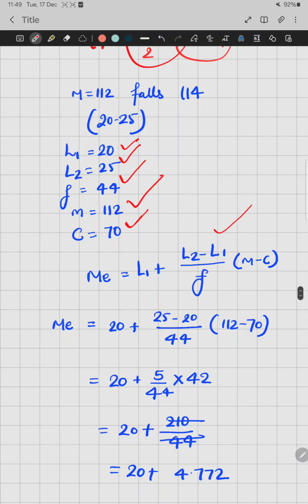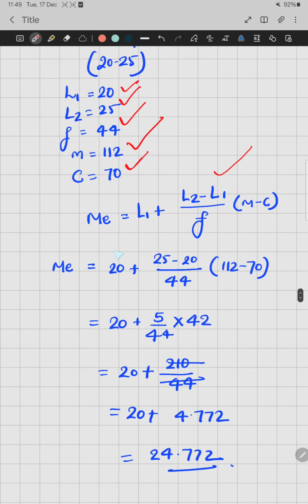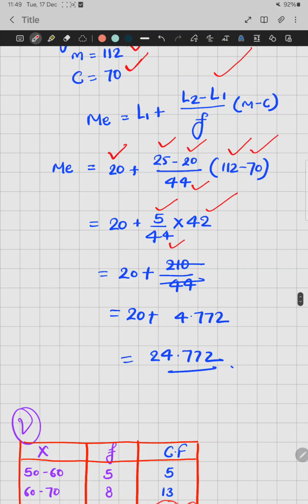So now if you put everything in the formula, L1 is 20, 25 minus 20, 44 is the F, 112 was the small m, and 70 was the above value of the CF. Now 20 plus 25 minus 20 will be 5 upon 44, and when you remove the bracket you multiply by 112 minus 70, which is 42.